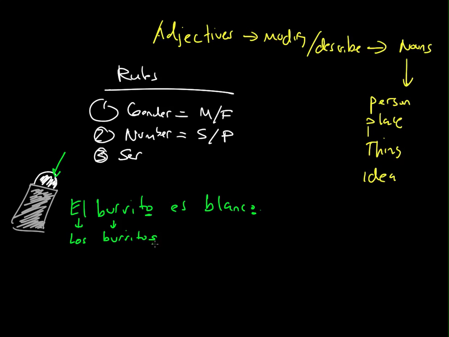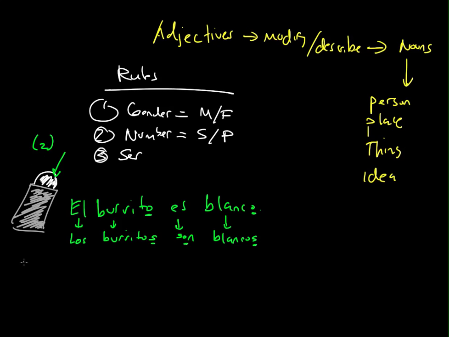Okay, so we added an S. Es is going to become the plural form of ser, so now it is son. And now blanco becomes blancos. So we add an S. So the second sentence we have two burritos. So we have el burrito es blanco, and now we have los burritos son blancos.